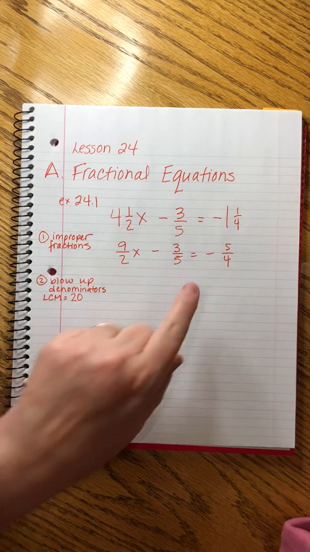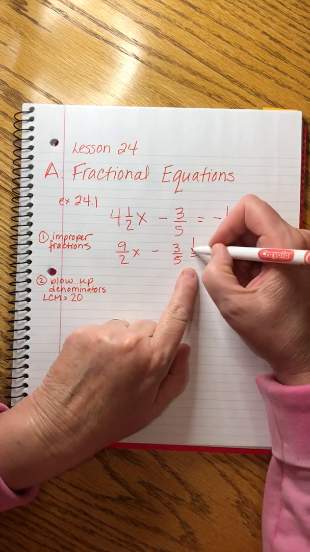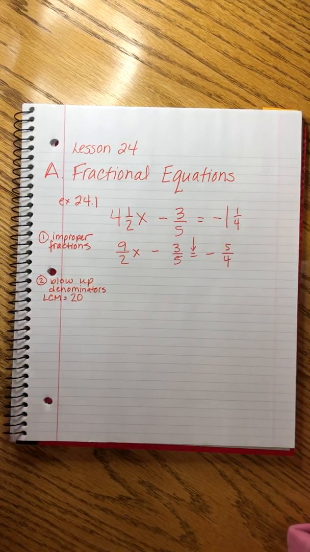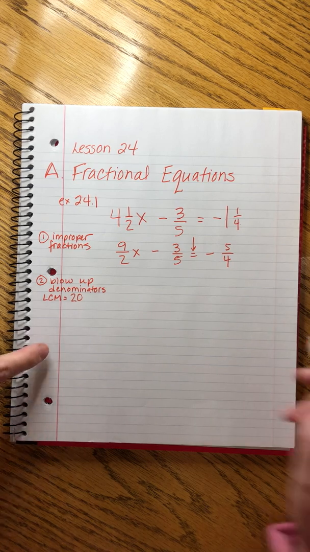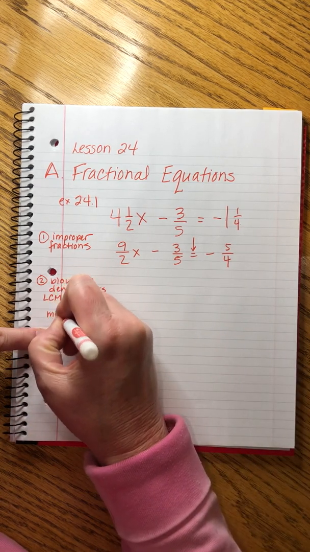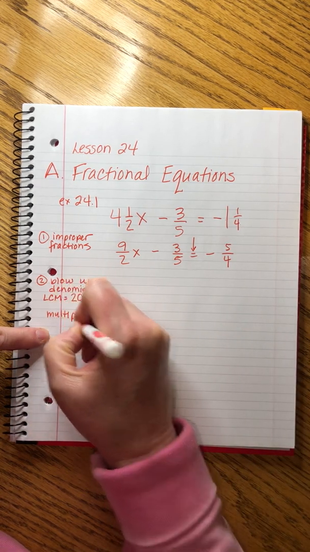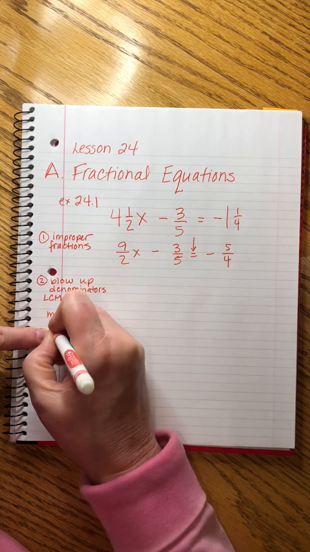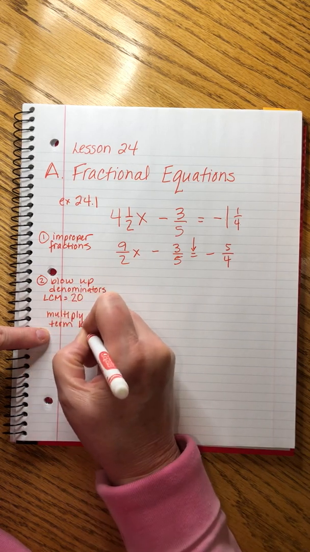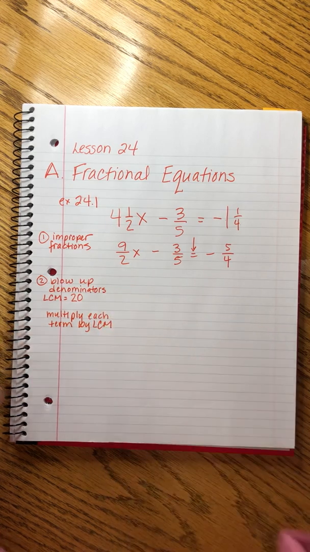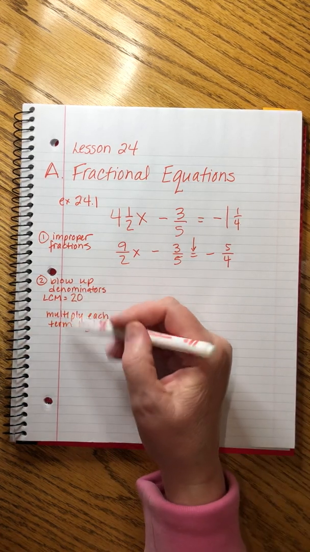What I do, because this is an equation, my strategy for blowing up the denominators is different than if it's just an expression with no equal sign. I multiply each term by the LCM. That's all part of blowing up the denominator.